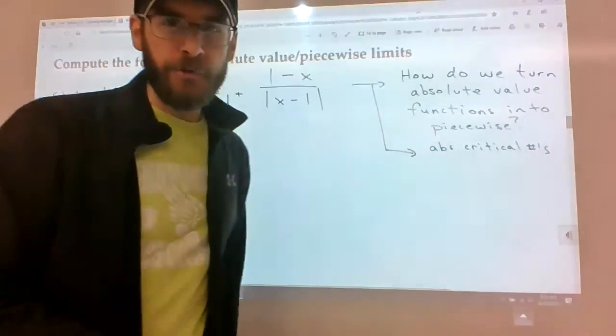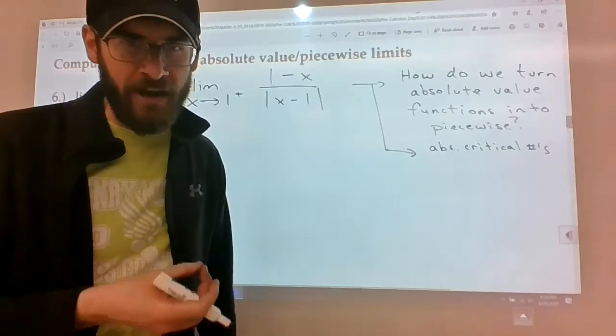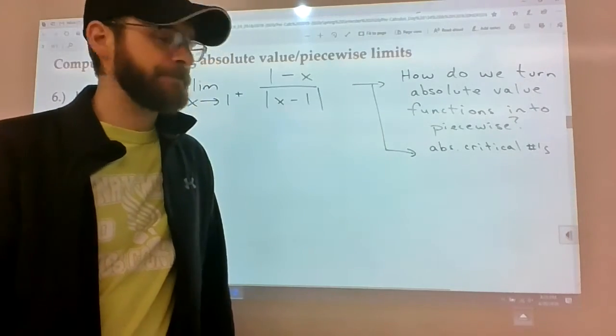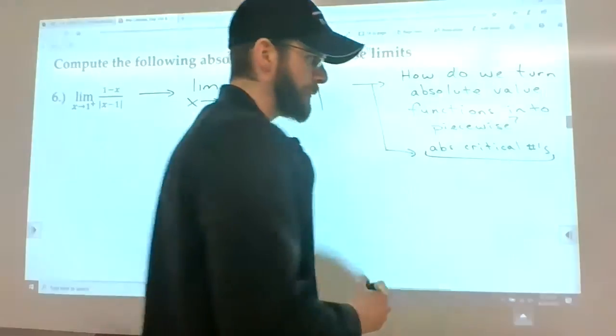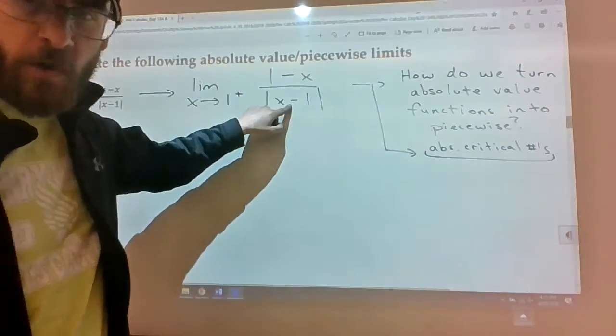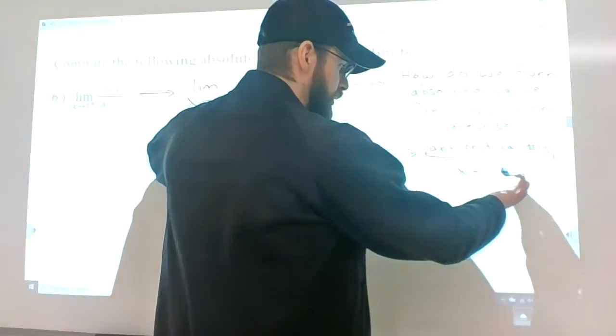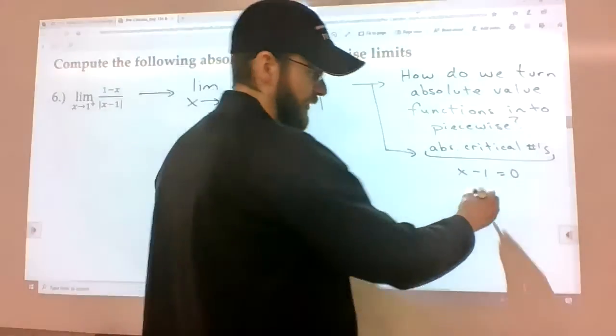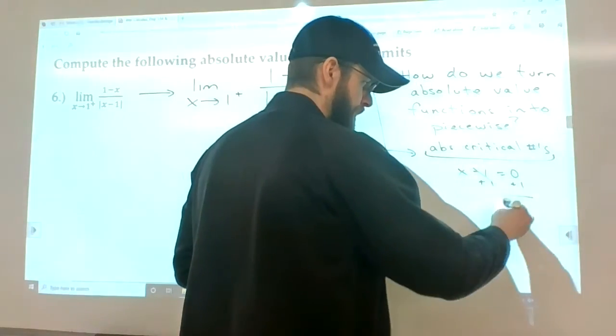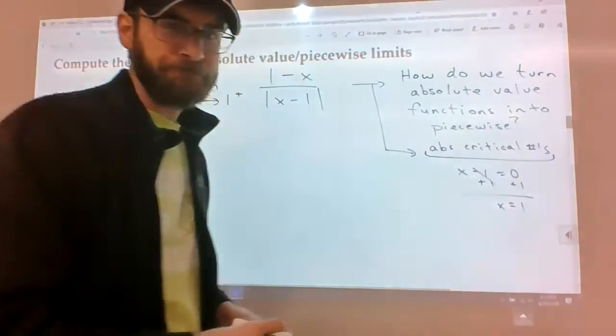We get critical numbers from the place that makes the absolute value 0. Okay? So when I say absolute value critical numbers, I'm saying x minus 1, you're setting that thing equal to 0, and that gives you your first critical number. X equals 1.